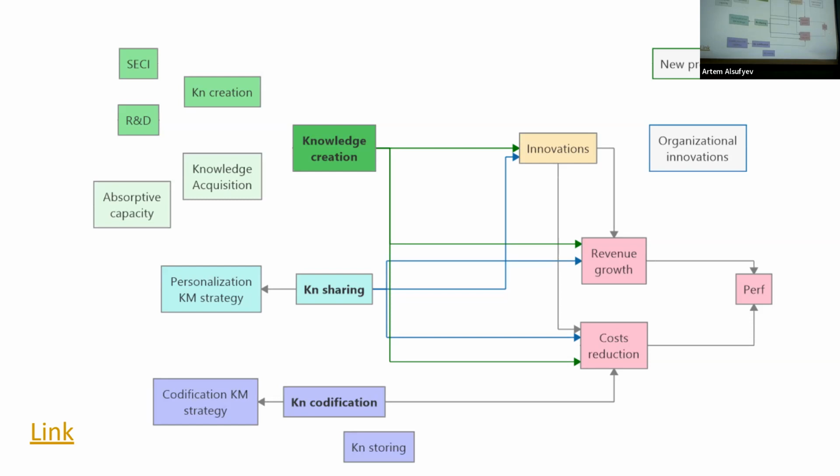For knowledge creation, we have the SECI model, which states that knowledge creation is the transformation of tacit knowledge into explicit. And we have knowledge acquisition as acquiring external knowledge, basically absorbing it. That's why it's called absorptive capacity.